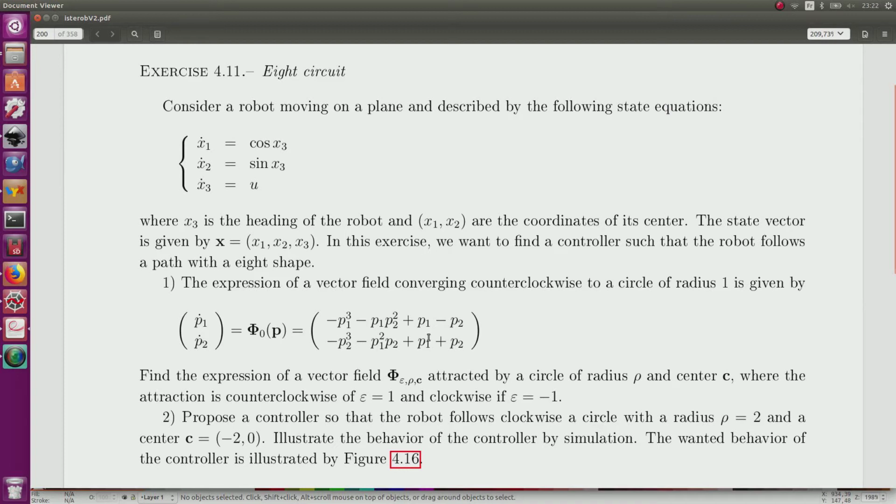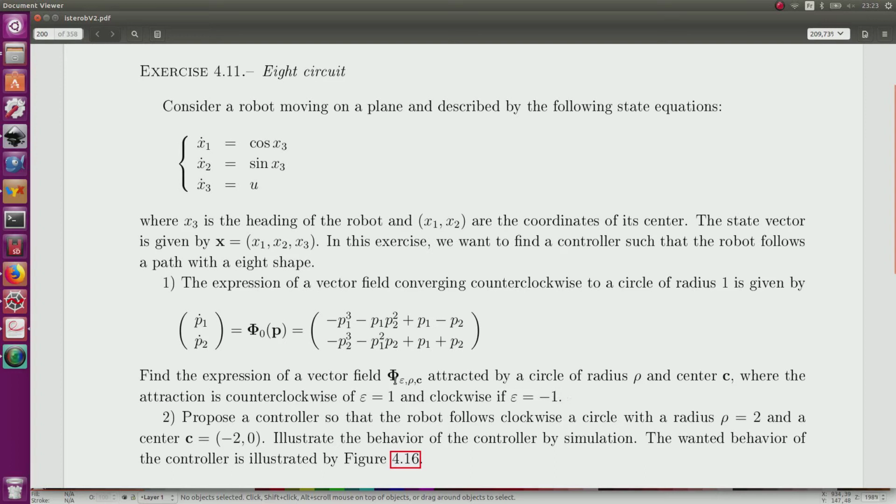From this expression of the vector field, I want to find an expression for another vector field obtained from this one, but with a different center, a different radius, and the direction, so clockwise or counterclockwise, of the rotation can be different.